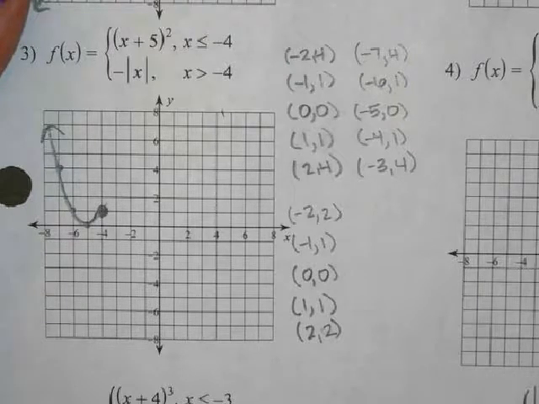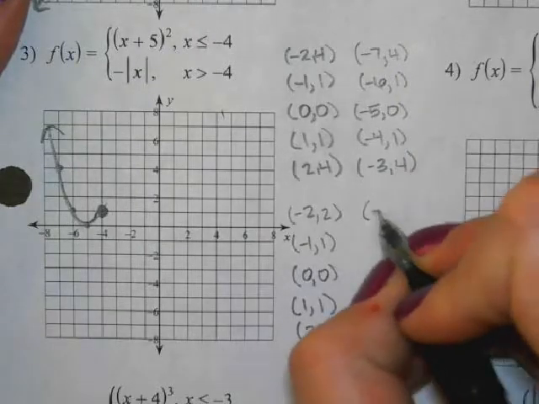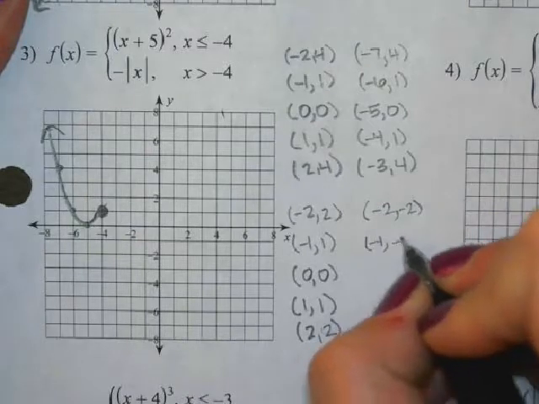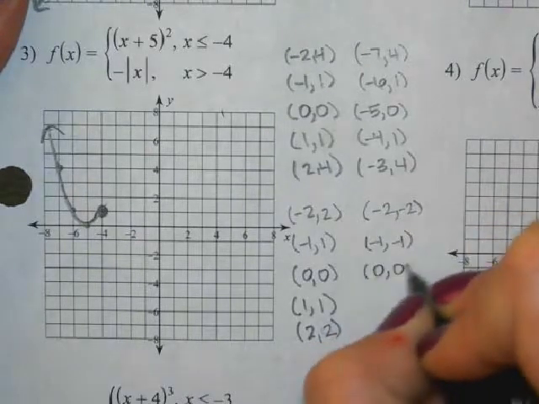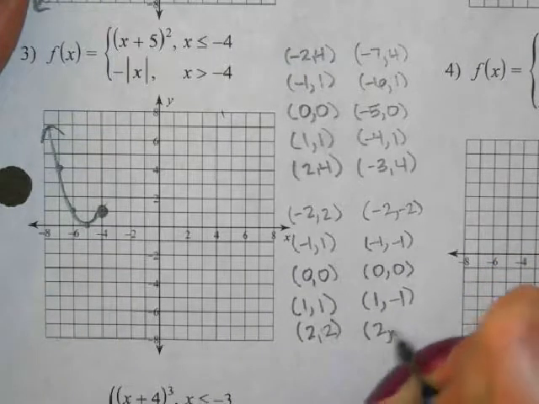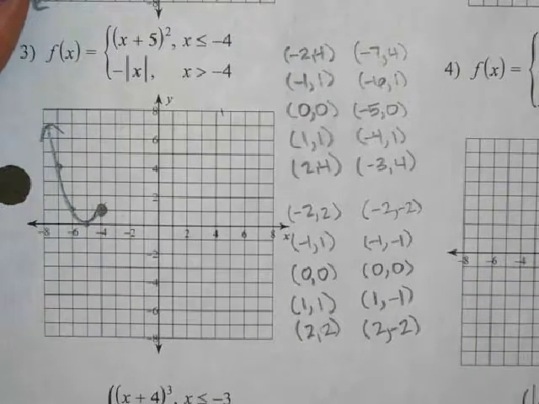Yeah, we're reflecting over the x-axis, which changes the sign of the y value. So -2, -2, -1, -1, 0, 0, 1, -1, and 2, -2.